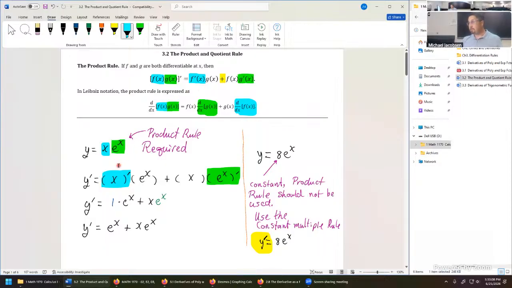So as long as you copy one function down, differentiate the other, then copy the opposite function down and differentiate the other, like when we did y equals x e to the x, you're using the product rule correctly. So we showed how the product rule goes for a situation where it's absolutely required.